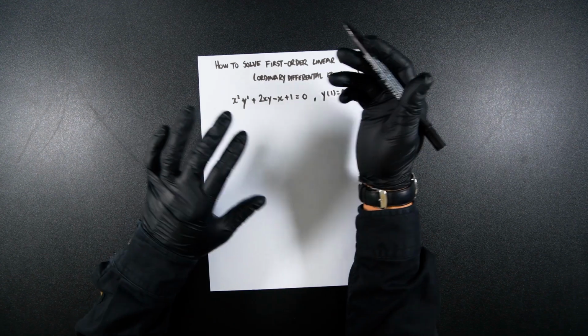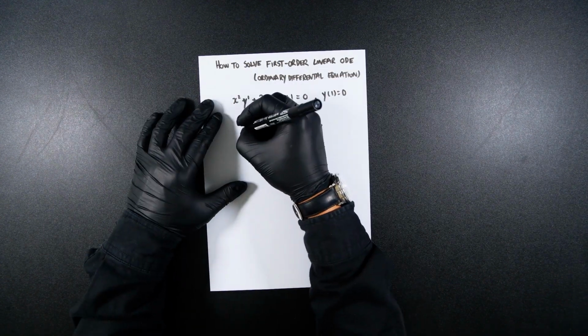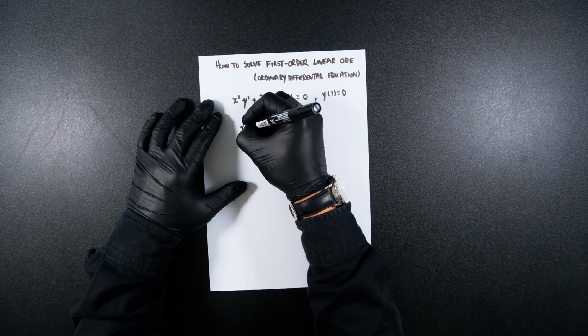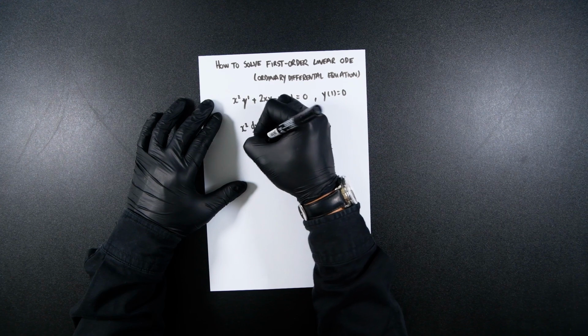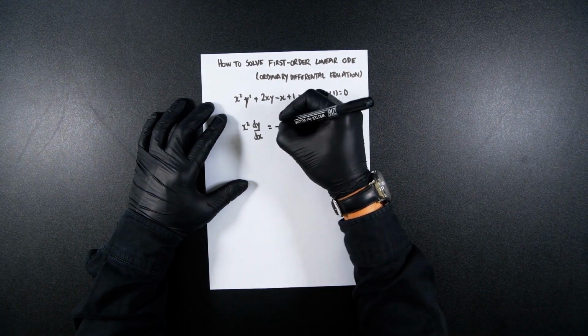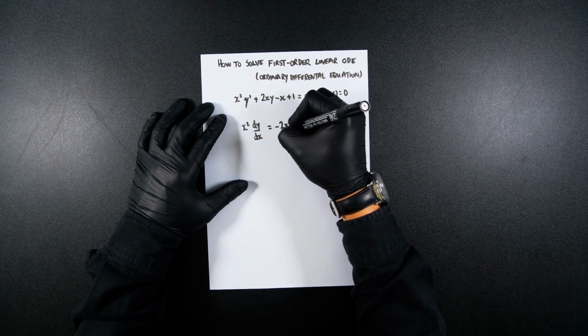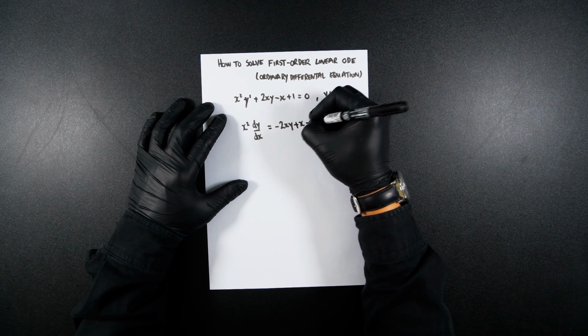We first want to get dy/dx by itself on the left-hand side. So that's going to be x squared dy/dx, which is going to equal minus 2xy plus x minus 1.